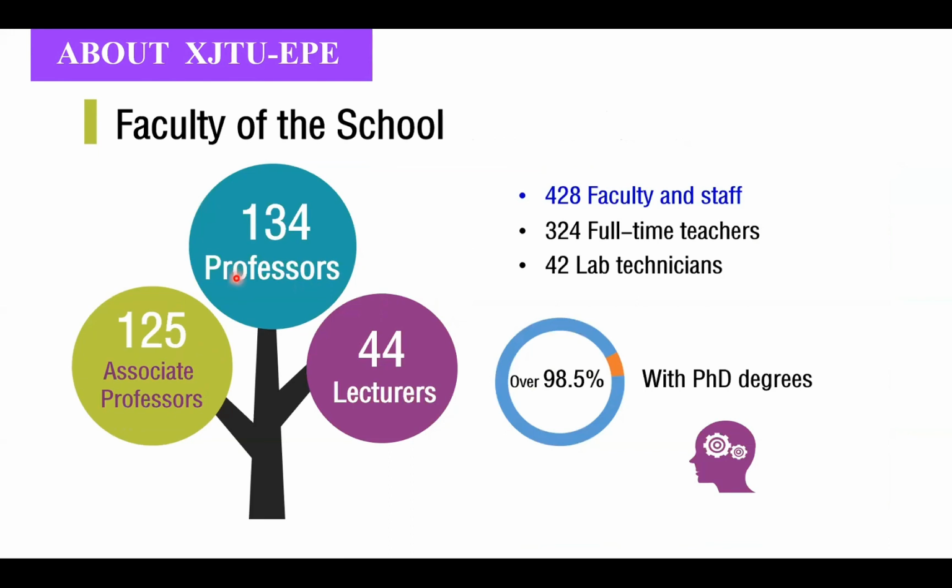So in our school, we have 134 professors and 125 associate professors, and the faculty and staff number about 428. It is a very large school, right? And over 98.5 percent have a PhD degree, both from abroad and overseas.